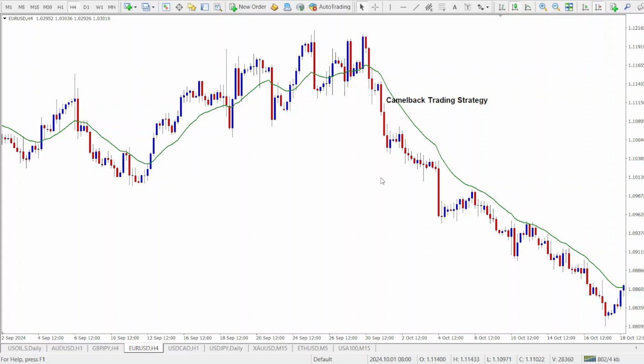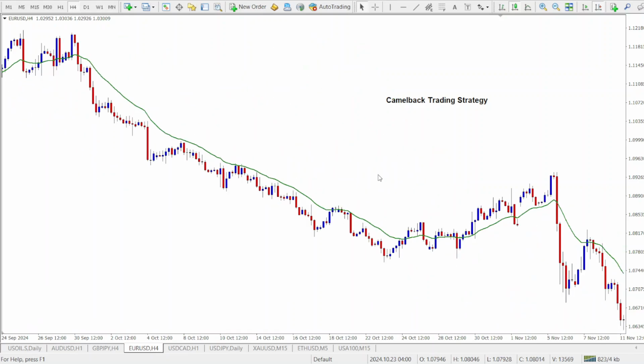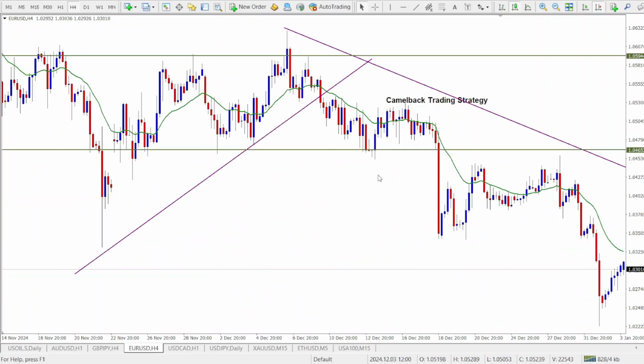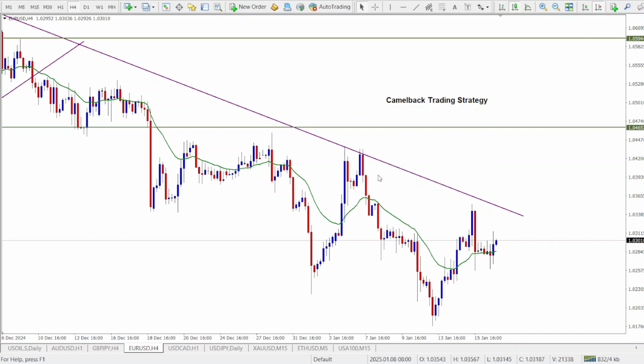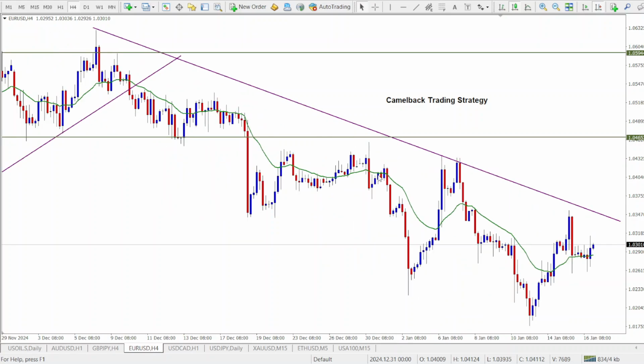Now let us talk about the setup. For this strategy, you will need a few moving averages on your chart. Typically traders use a combination like the 10 period, the 20 period, and the 50 period moving averages, because this gives a clear picture of short-term, medium-term, and long-term trends.